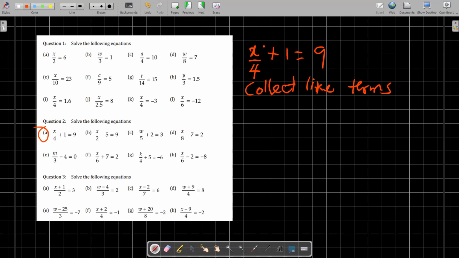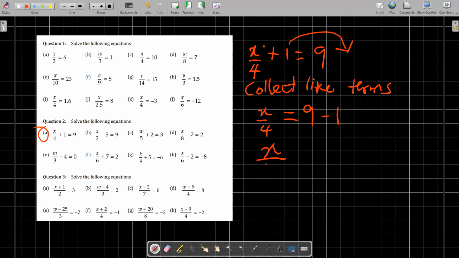Because your fractional equation must have just one fraction on the left-hand side and one fraction on the right-hand side if you want to cross multiply. So x over 4 equals, plus 1 will move to the other side. It becomes minus 1.